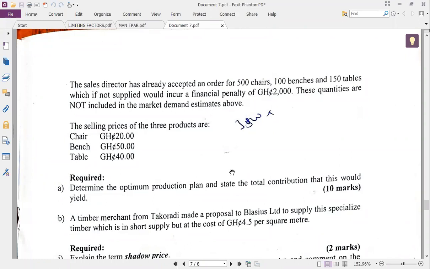They say we should determine the optimum production plan. Good. Optimum production plan. And plan, we are going by what? The budgets. Good. By the budgets. And the total contribution.